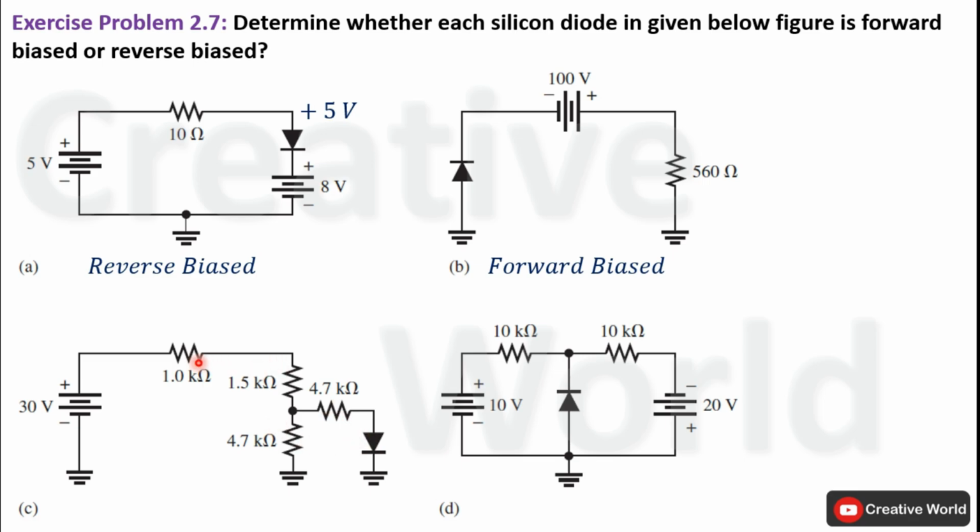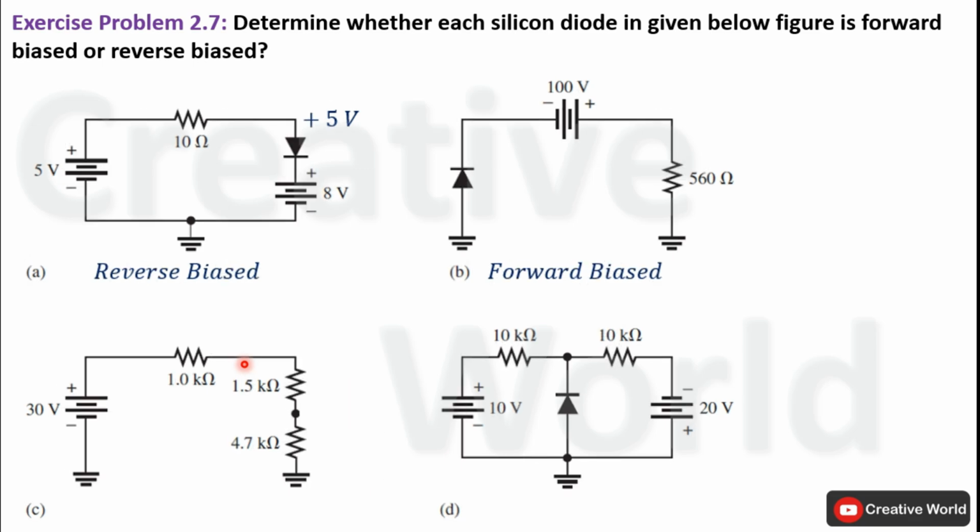The circuit will convert into a simple voltage divider circuit. Now in order to find the voltage across this 4.7 kilo ohm resistance, we will apply the voltage divider rule. Voltage across this resistance will be equal to 4.7 kilo ohm multiplied by the supply voltage, that is 30 volt, divided by the sum of all resistances connected in series.